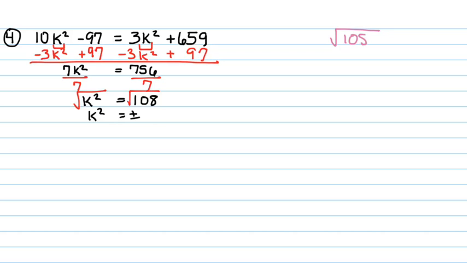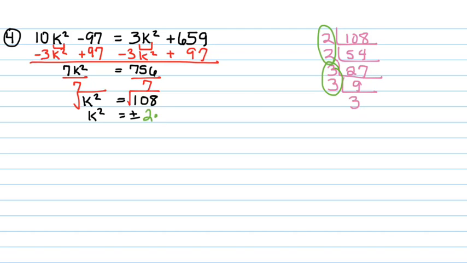And so I take 108. I know it's divisible by 2, leaving me 54, which is divisible by 2, leaving me 27, which is divisible by 3, leaving me 9, which is divisible by 3, giving me 3. And so I'm looking for sets. I have a set of 2's and a set of 3's. So 2 times 3.